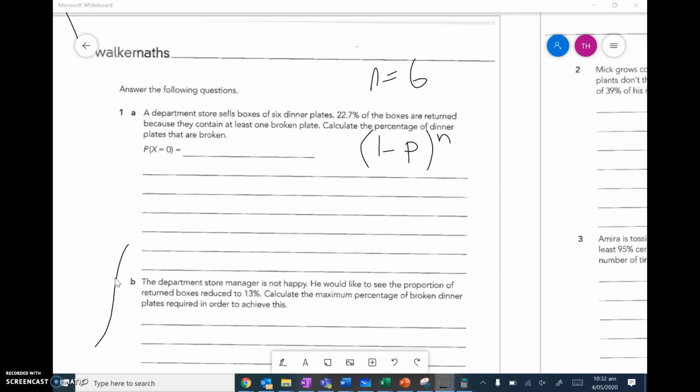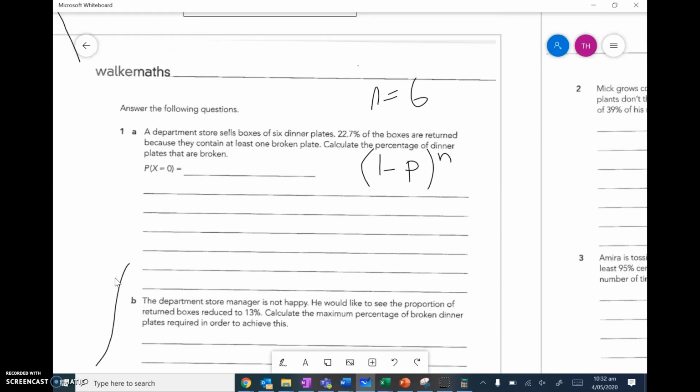So here, the probability that x is equal to 0. I know the probability that x is greater than or equal to 1, so that's 1, 2, 3, 4, 5, 6, is 0.227. So the probability that x is equal to 0 is 1 minus that, because it's the only other option. 1 minus 0.227.